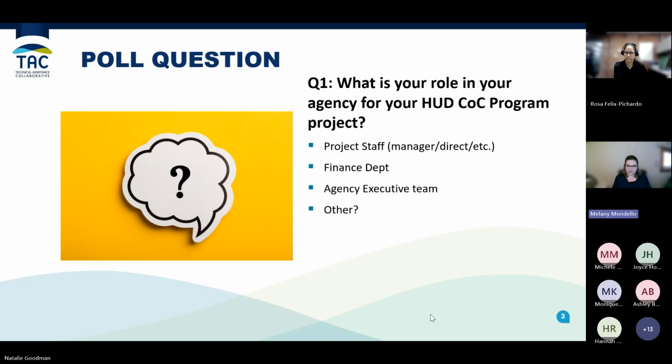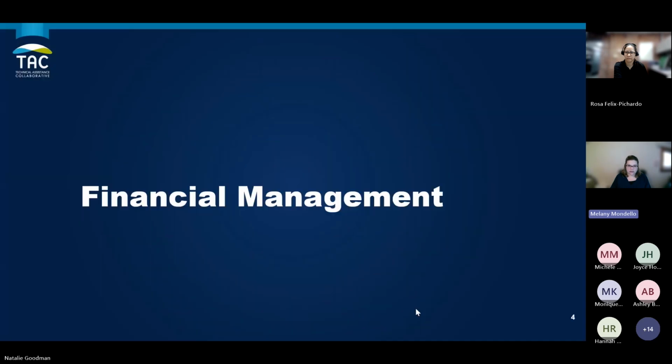We have some finance folks with us today, the general executive team, and then if I didn't list who you were, just go ahead and put that in the chat for me. Great. Okay, so we have a pretty wide mix of people. A lot of finance folks, which is great, some case managers. Okay, this is good. So we're gonna have a really good conversation today. Let's go to the next slide.